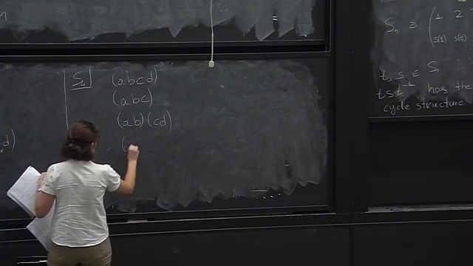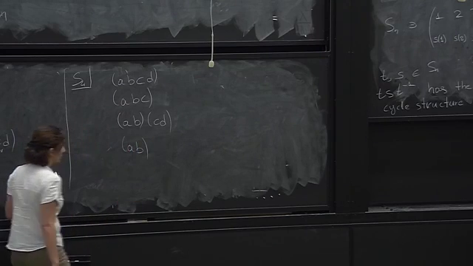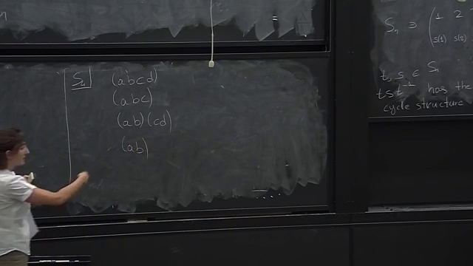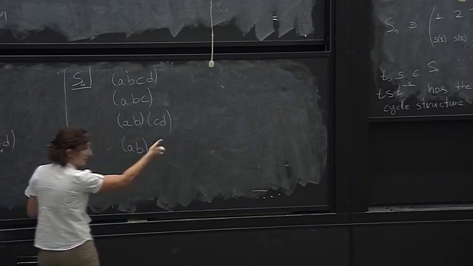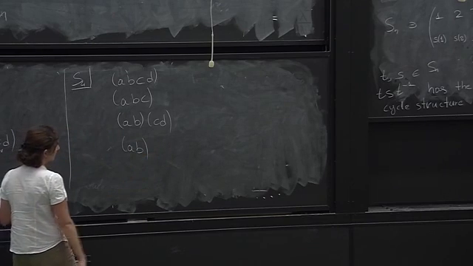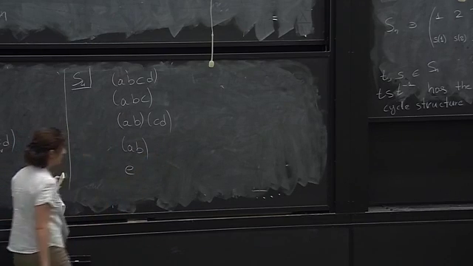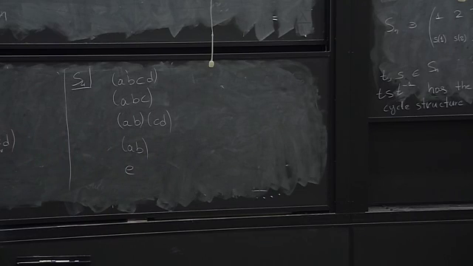Or we can have just two elements in a cycle and the 2 other elements remaining invariant. Or we have no change and this is the identity. These are all the different types of cycles that S4 can have.